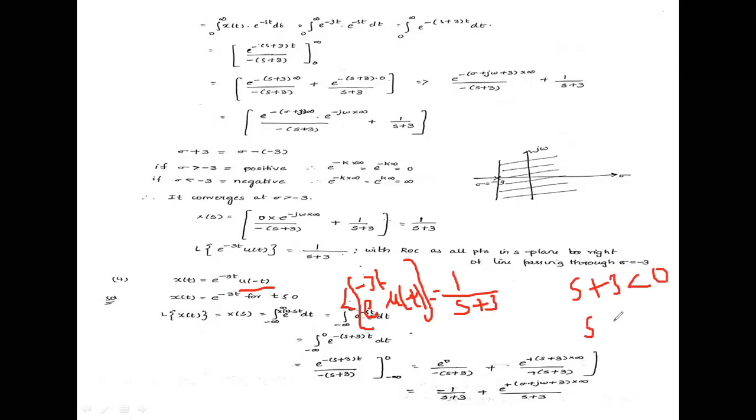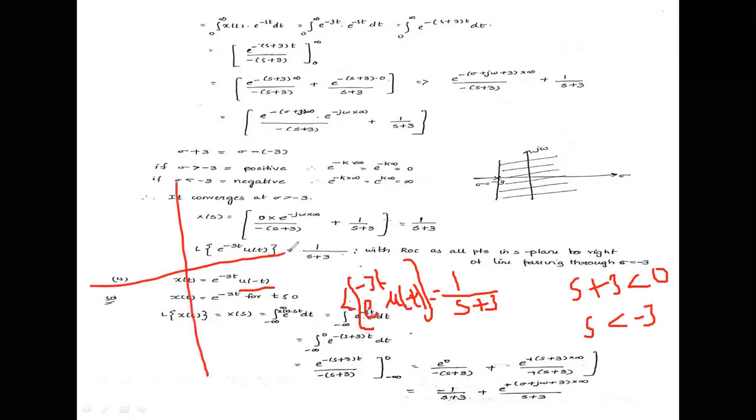In a similar fashion, take e power minus 3t mu of minus t. The Laplace transformation is the same, 1 by s plus 3 only. But what is the ROC for mu of minus t? It is s plus 3 less than 0, my dear students, so s is less than minus 3.